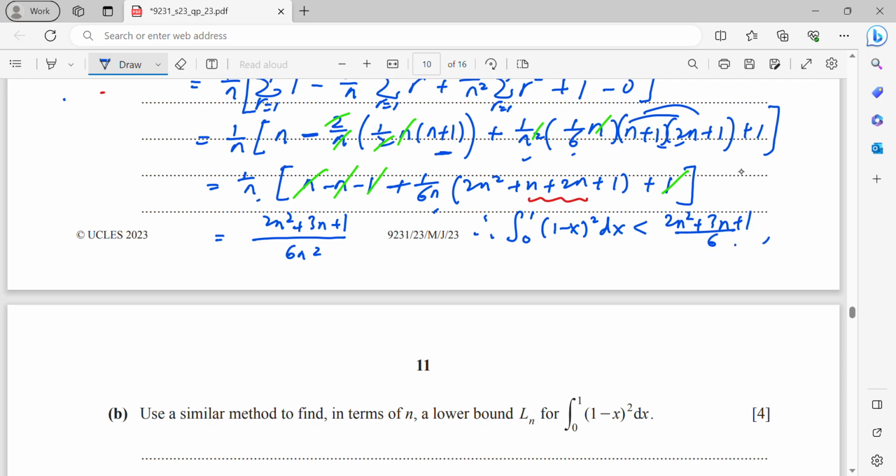Okay, where Un, or probably I can just write is less than Un, because we want to show that. So less than Un, where Un equals the sum of the areas of rectangles. Okay, so this is how we prove it.